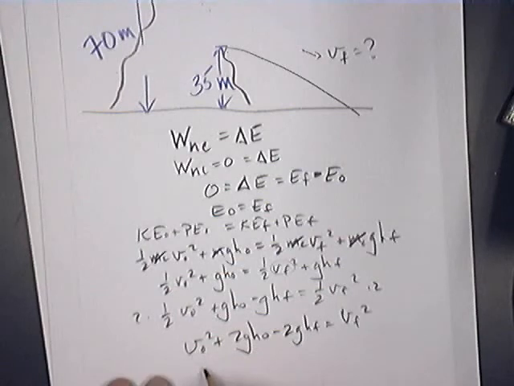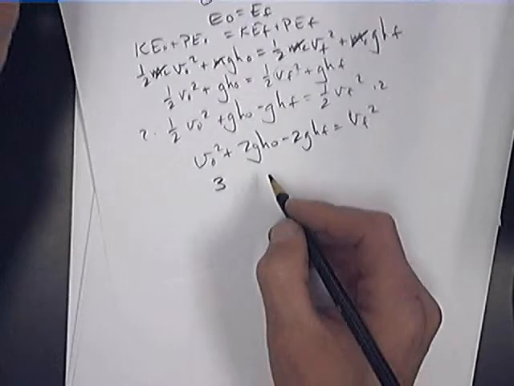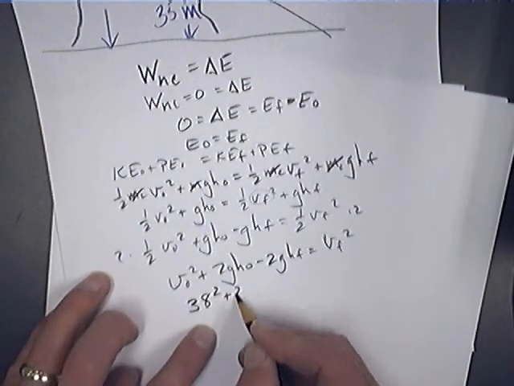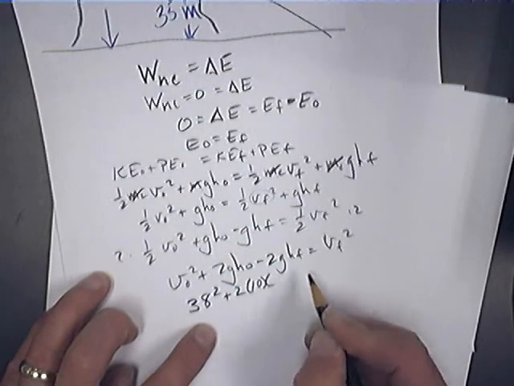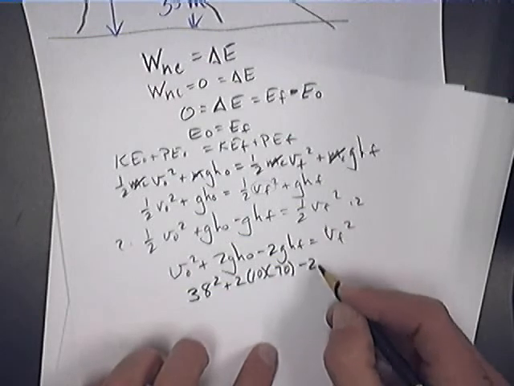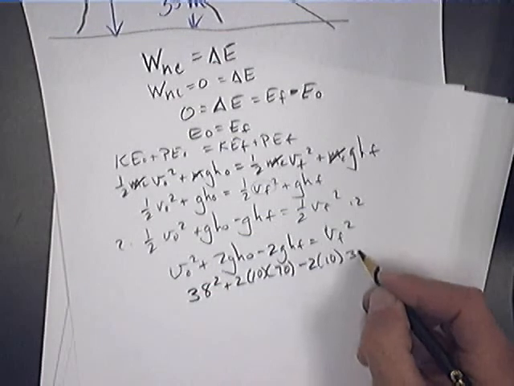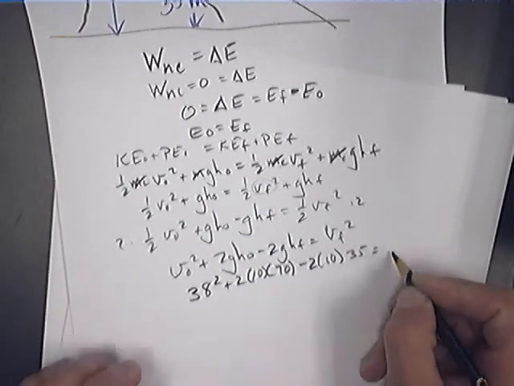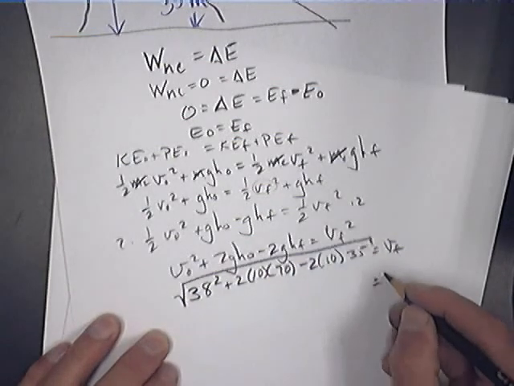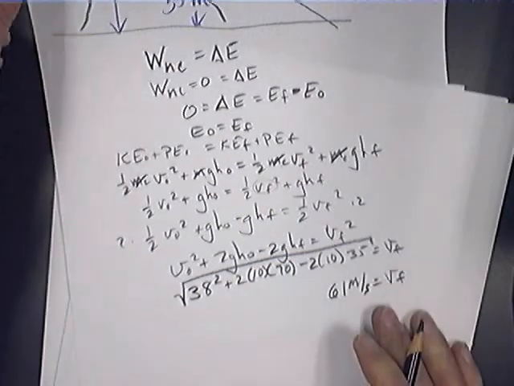Now, how fast am I going? 38 squared plus 2 times 10 times my initial height, which is 70, minus 2 times 10 times my final height, which is 35. That's got to equal v final squared. Let's take the square root of both sides. That gives me a final speed of 61 meters per second.